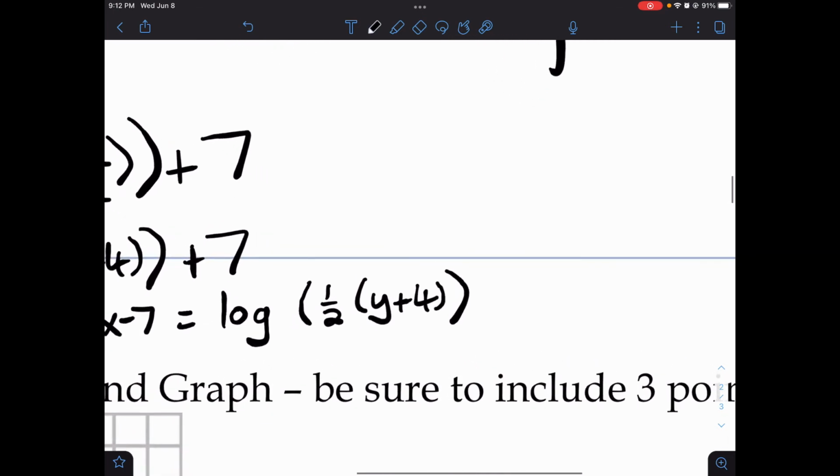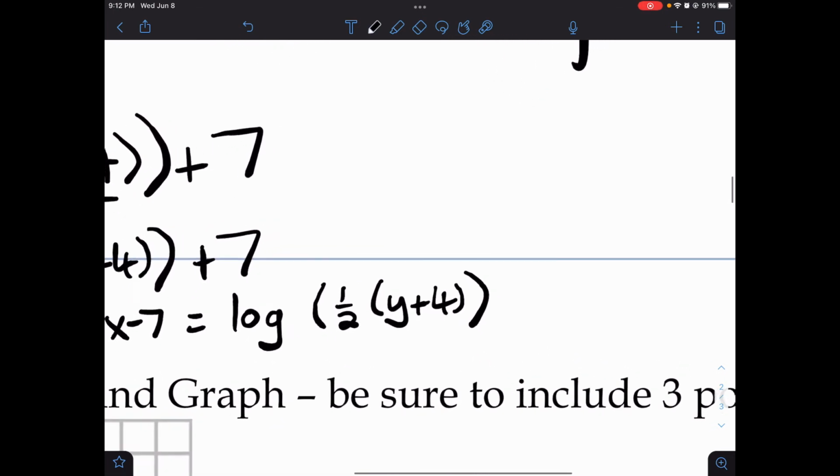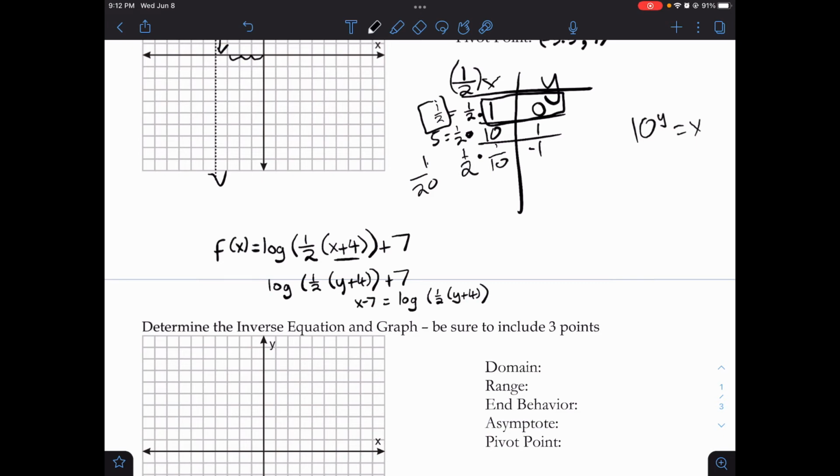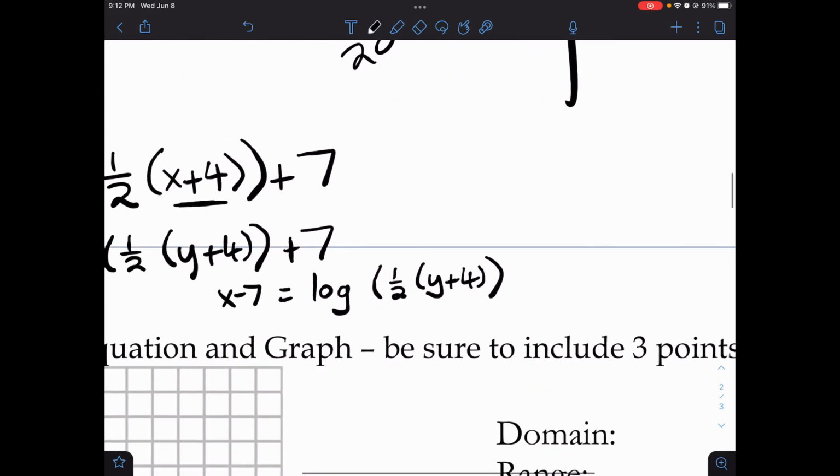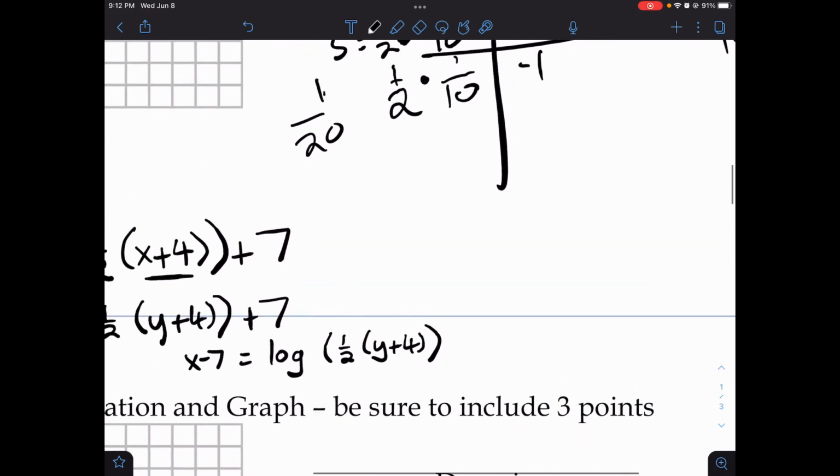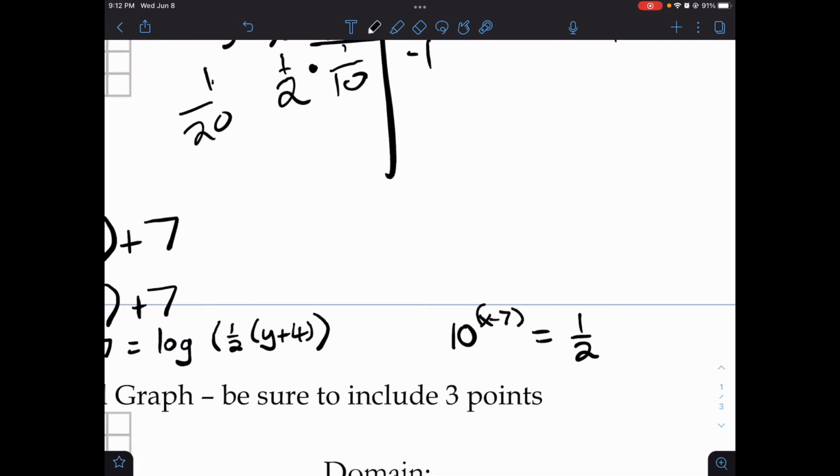Now that we have that, there is no way out but to include. We have to change it to the exponential form. So 10 to the x minus 7 is equal to 1/2 times y plus 4.